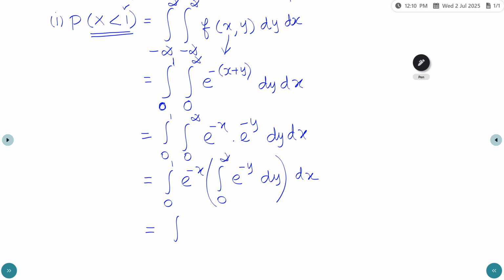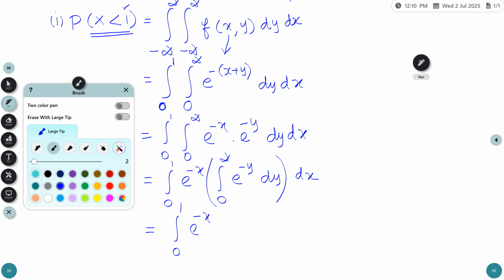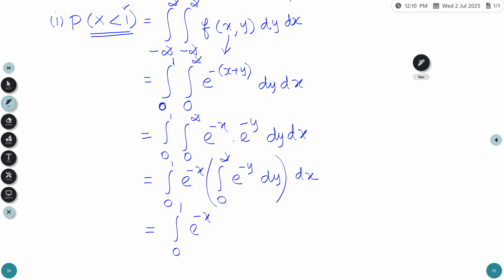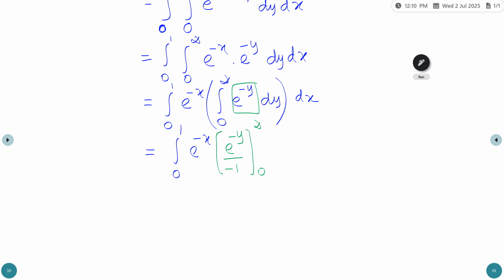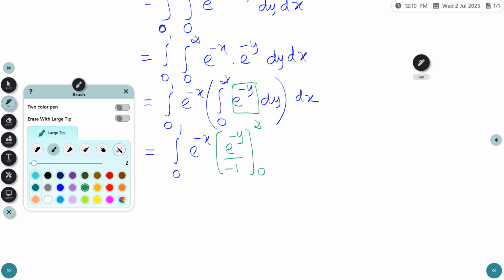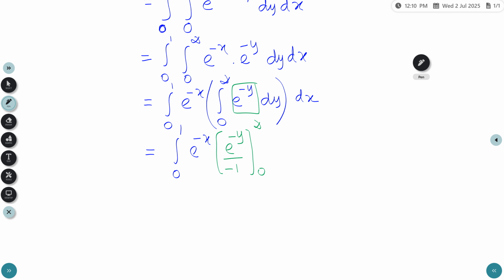So integral 0 to 1 e power minus x, and the integration of e power minus y is e power minus y by minus 1, with upper limit infinity and lower limit 0, into dx.